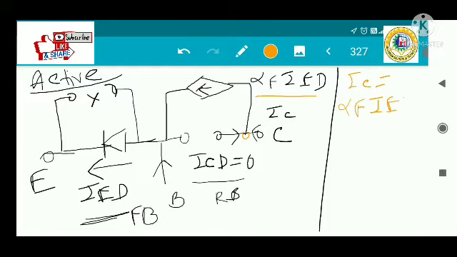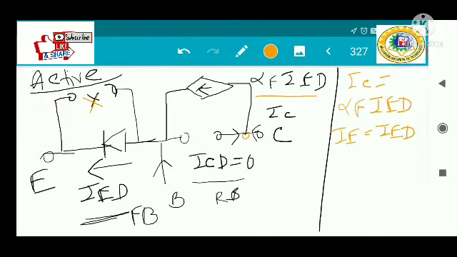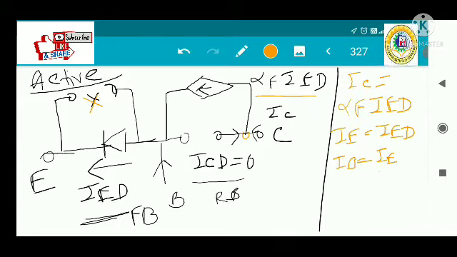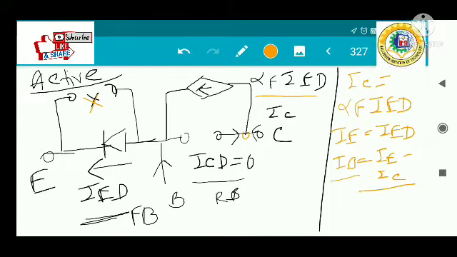The emitter current is totally represented by IED because the other current is absent. IED is the forward bias current, and IB is nothing but IE minus IC. So that is the case.